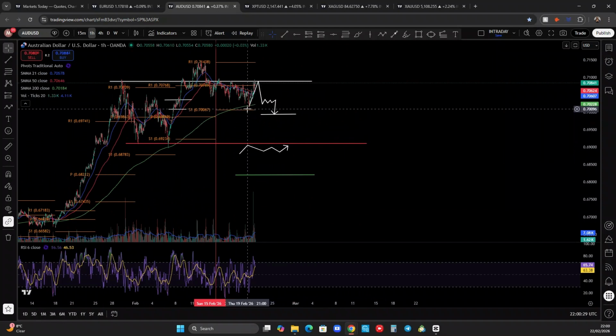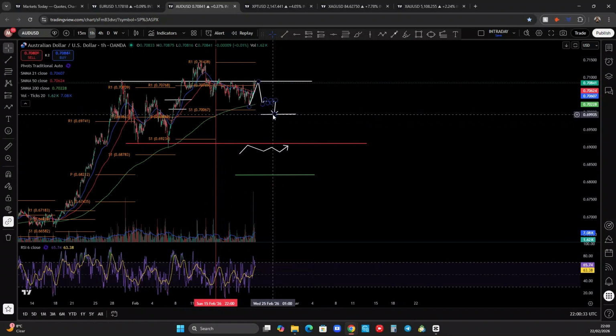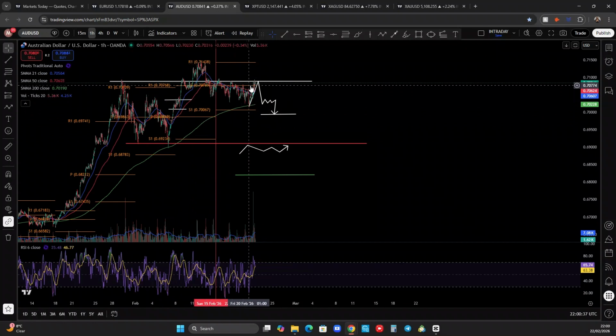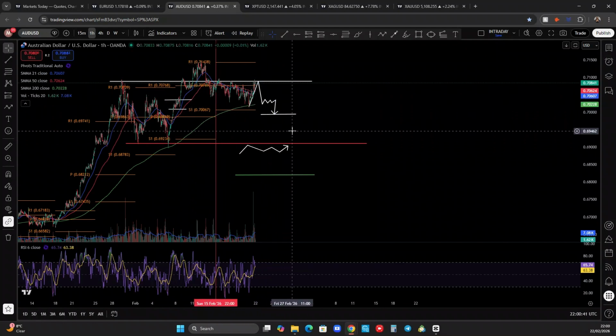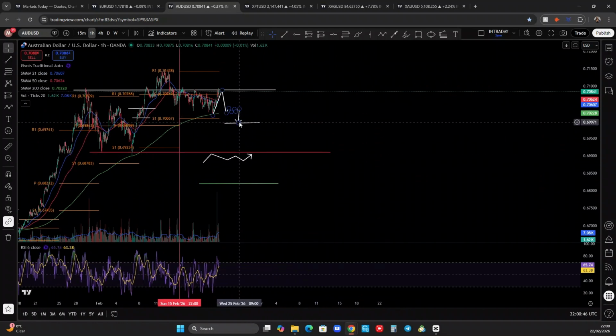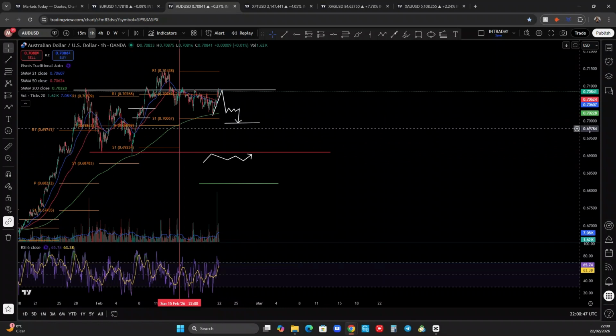So you see now on the lower time frame, this level here is now below all the moving averages, which would indicate to me that the market wants to move bearish or continue bearish. So it fits in with my targets and my levels.